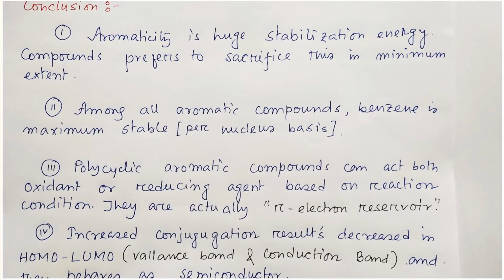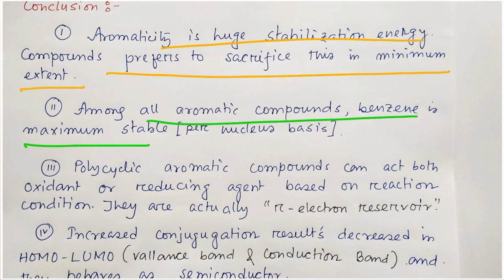So in conclusion, aromaticity is a huge stabilization energy, and a compound prefers to sacrifice it to a minimum extent, because the tendency of a molecule is to remain stabilized. Among all aromatic compounds, benzene is the most stable, and for that you need to calculate on a per nucleus basis.